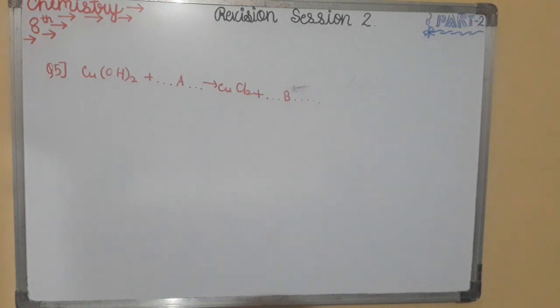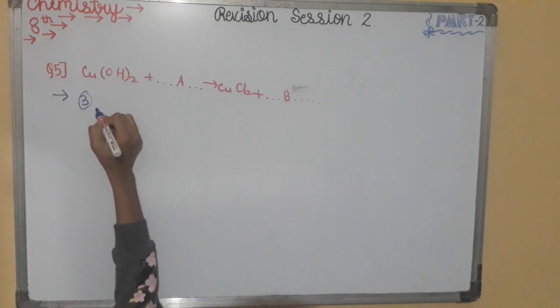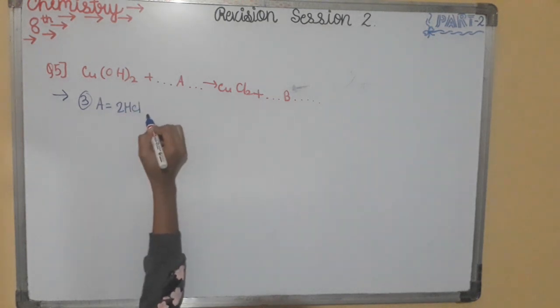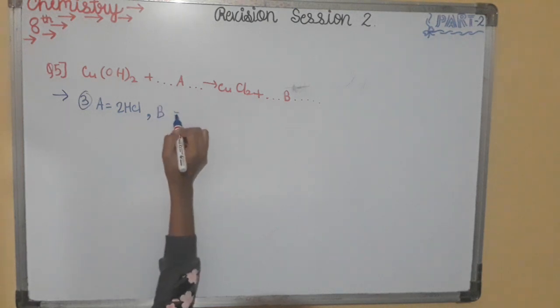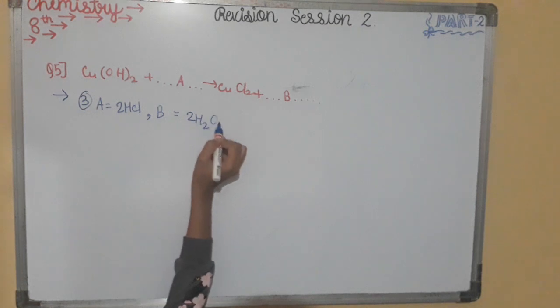Option 4 is A is equal to H2SO4 and B is equal to H2O. And the correct option is option number 3, that is A is equal to 2HCl and B is equal to 2H2O.